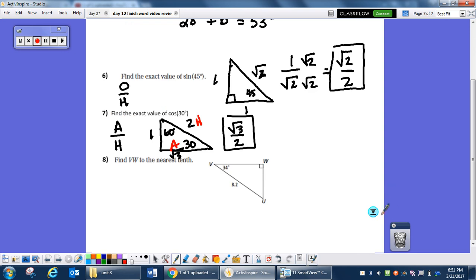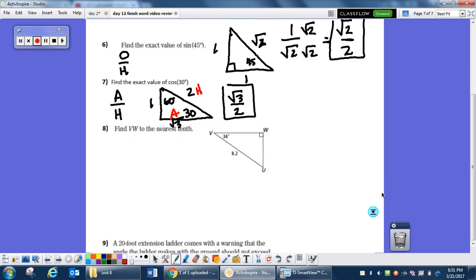Alright, number 8, finding a side length to the nearest tenth. So what you have to do is, here's your angle. In reference to your angle, you definitely have the hypotenuse and you want to find VW. So that's like your x, and that is the adjacent to the angle.